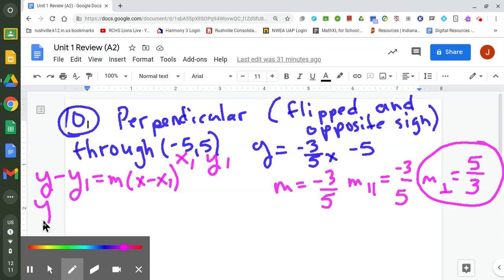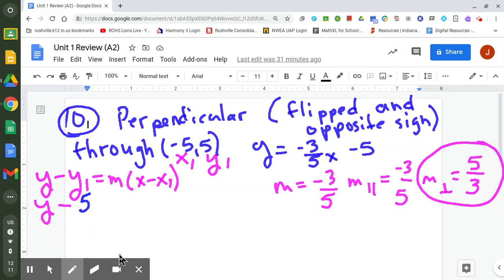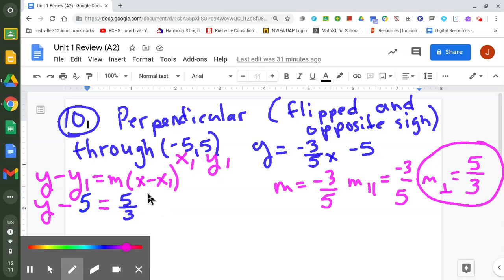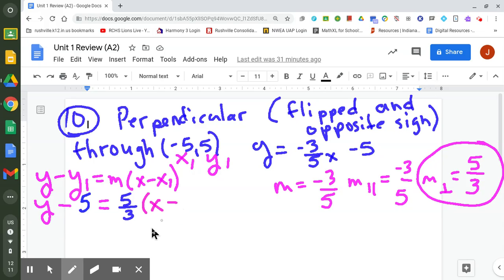So this y stays minus, and my y1 is 5, equals, the slope, remember perpendicular, is 5/3, parenthesis x minus, and then my x1 is -5.